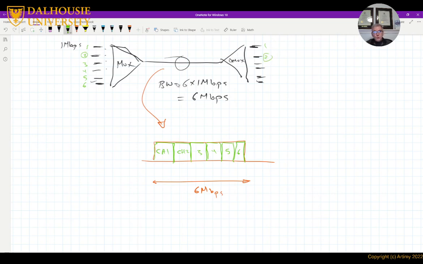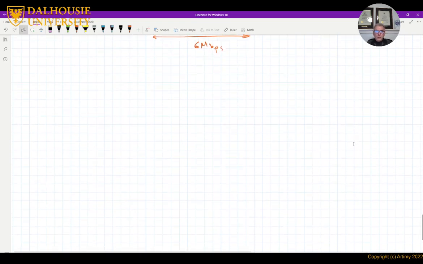Okay, to do that, we have to move the bandwidth of the signal to a specific channel. All right. So remember when we talked about modulation, I said each node will generate a sequence of ones and zeros. And that sequence, this is time, right?